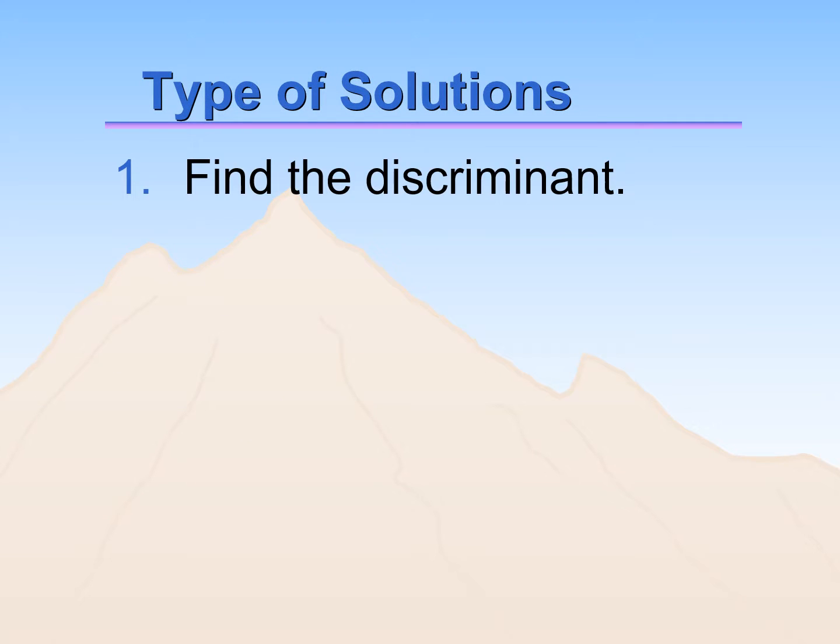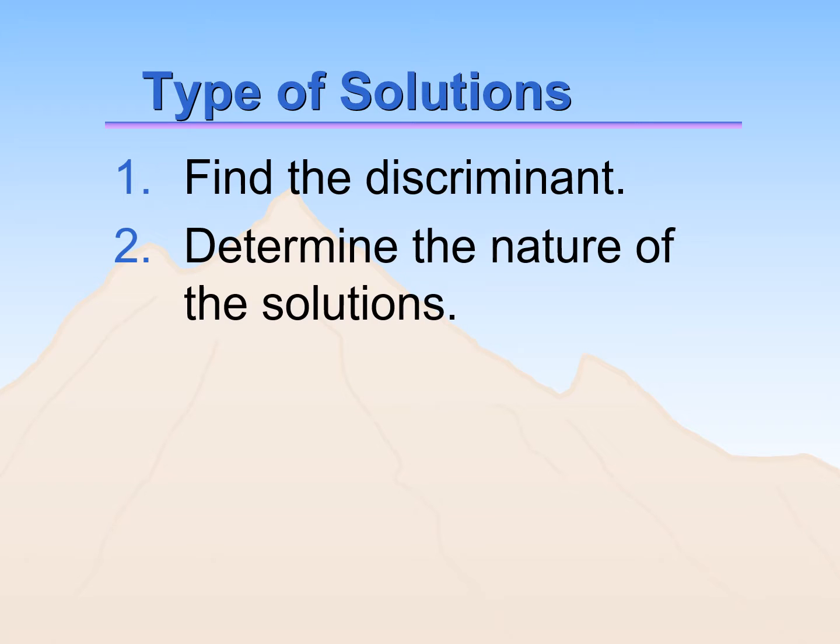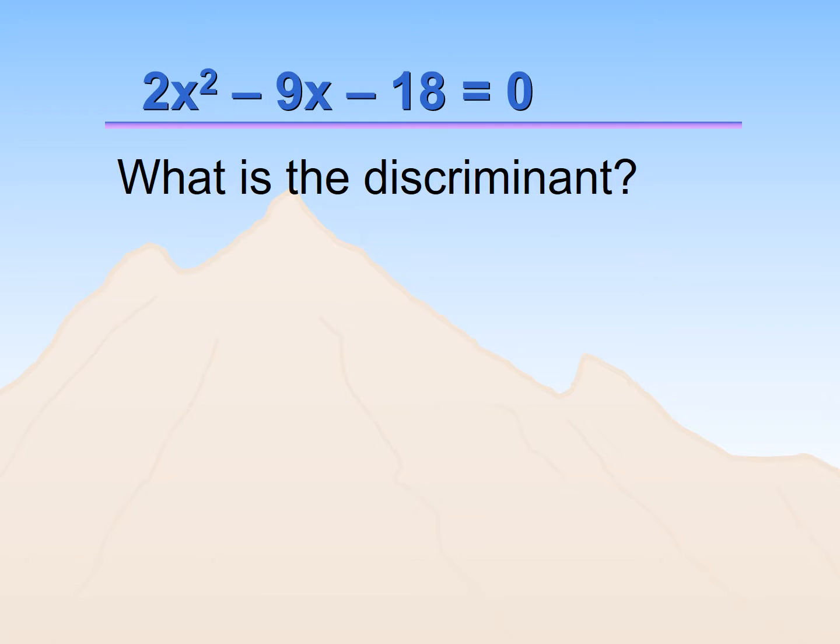Let's find the discriminant, which is the b squared minus 4ac, and then determine the nature of the solutions. We'll do a practice problem of 2x squared minus 9x minus 18 equals 0. For this one, we would get the discriminant is equal to 225.